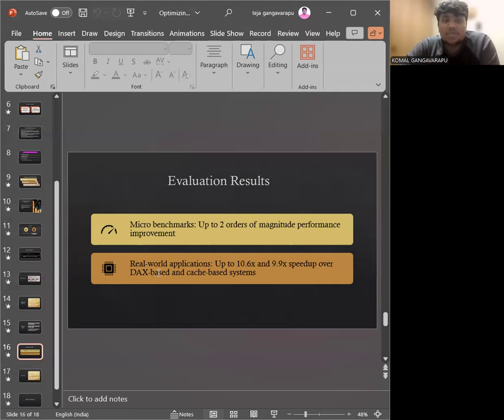In real-world applications, there is up to 10.6x to 9.9x speedup over the direct access based cache file systems.